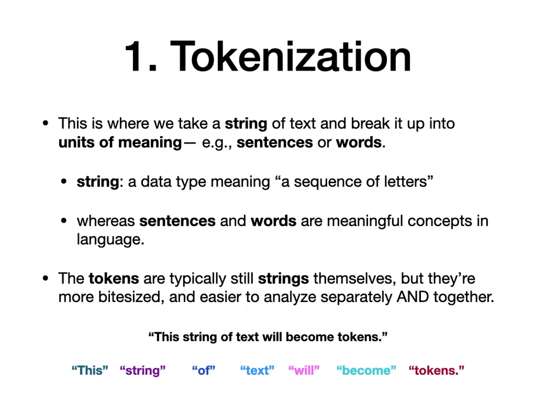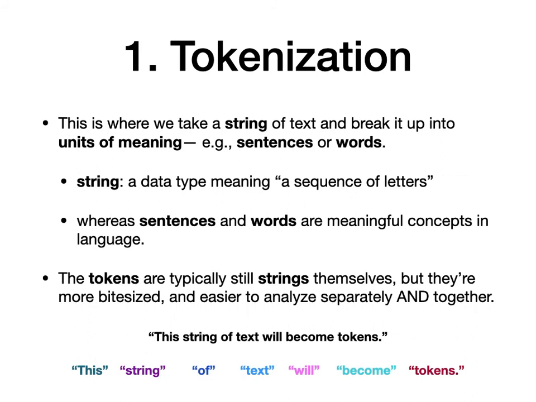So the idea is that these tokens are strings themselves, and they're a little more bite-sized, and they're easier to analyze both separately and together. We can choose how we analyze them as opposed to having one big block of characters in a row. So, for example, this string of text will become tokens, splits up into this and string and of and text and will and become and tokens.